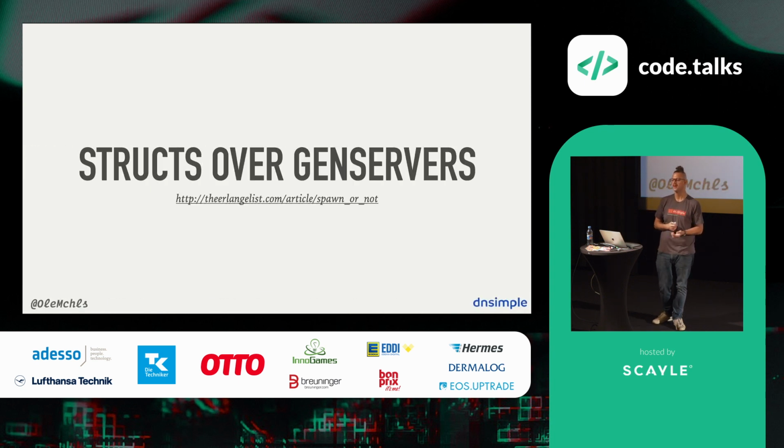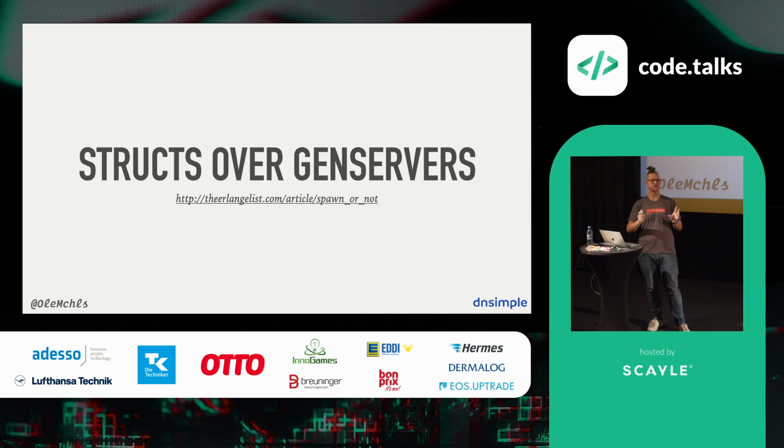The second thing is structs over GenServers. I always reference the blog post I linked here from Sasha, who talked about to spawn or not to spawn, where he basically described process boundaries and functional modeling. The one key takeaway I had from this is that structs are an architectural design modeling tool.